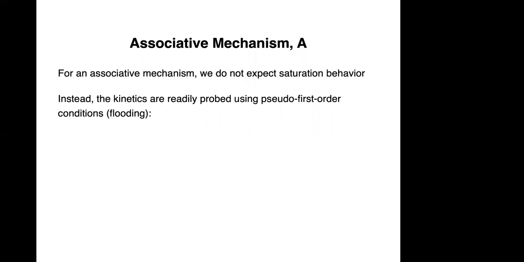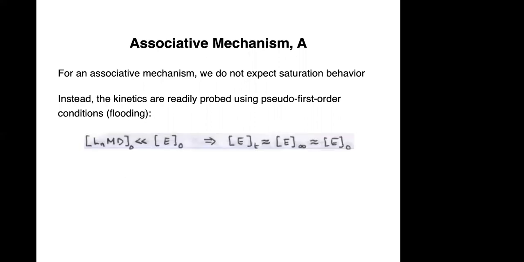And so the idea here is that if we have a very high concentration of the entering ligand compared to the reactants and products, then the concentration of E will remain effectively unchanged. And so it will look like a constant in our rate law, and the reaction will appear to be first order in starting complex.